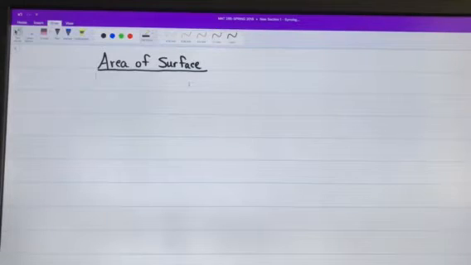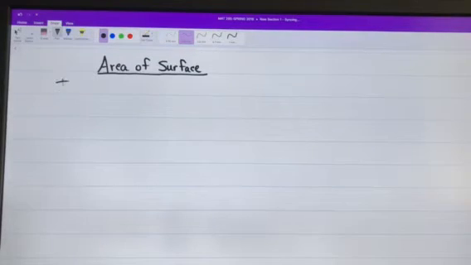Okay, for this part, we are looking into area of surface. And regarding area of surface, this will tie in by and large to what we had from the determination of the length of a curve.